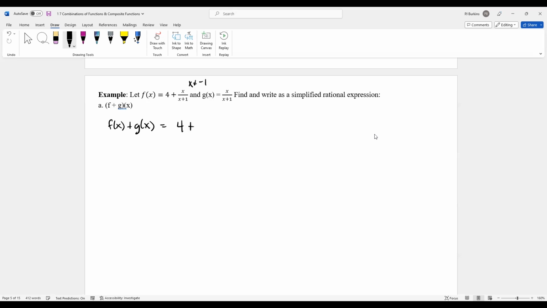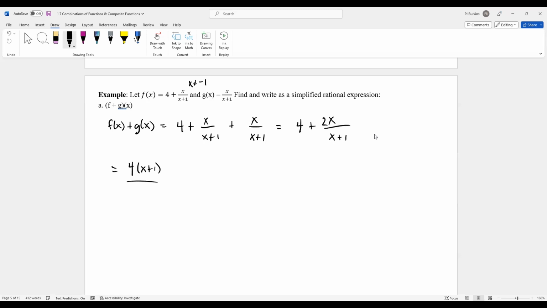So I have f of x plus g of x. Okay. Now, we could just add the two that have common denominator. That would be enough. I'm going to go a little bit further just because this is what you should do when trying to solve problems, right? I want to have a common denominator.